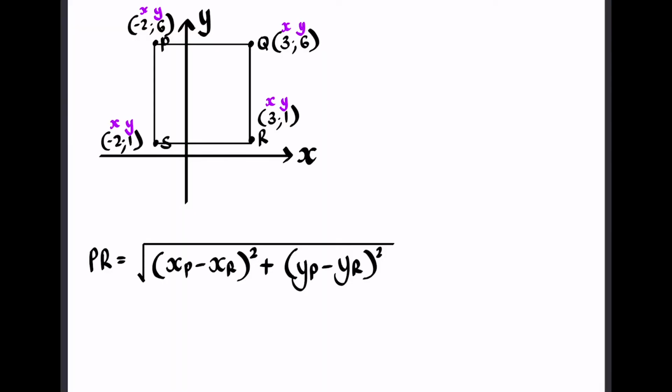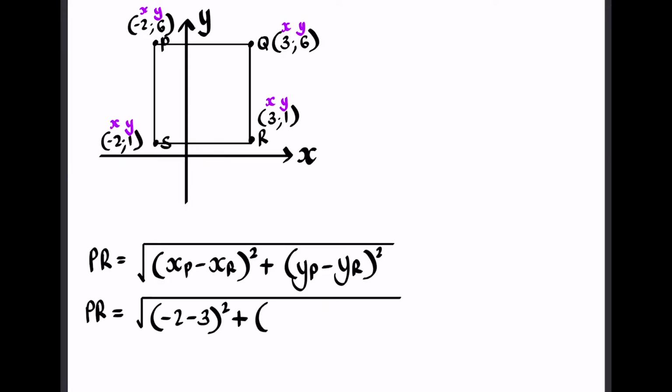So now I'm simply going to substitute in. So PR is equal to the square root of x of P, which is -2, minus the x of R, which is 3, that's squared, plus the y of P, which is 6, minus the y of R, which is 1, and that's also squared.